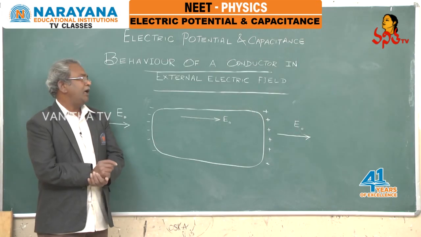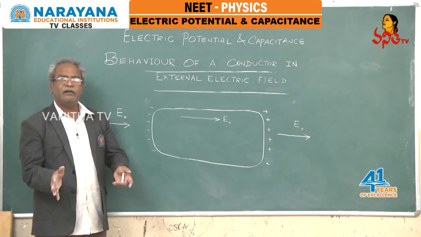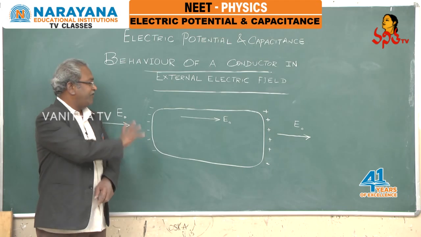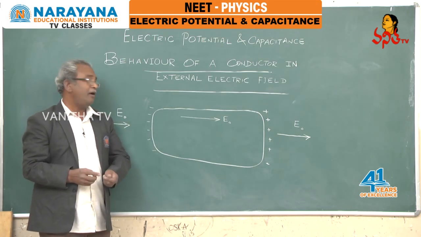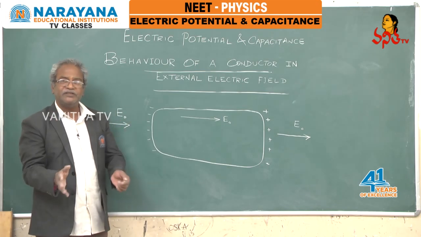Dear students, let us now discuss what happens if a metallic conductor is placed in an external electric field. A metallic conductor will have completely free charge carriers.